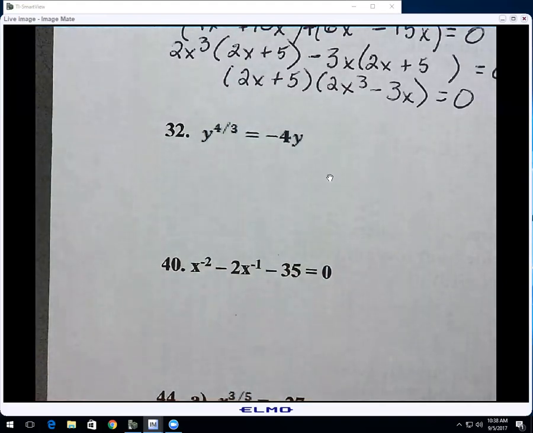What's the first thing you do with quadratic equations? Get it in standard form. What's the first thing we did on number 30? Get it in standard form. Got any ideas about what we should do on number 32?